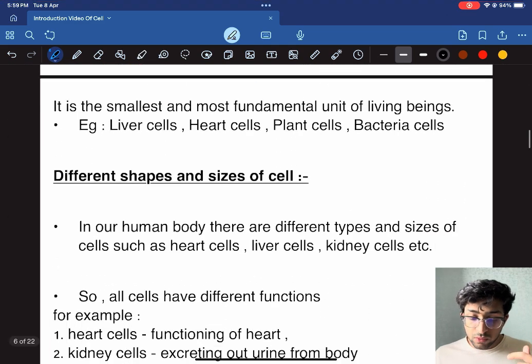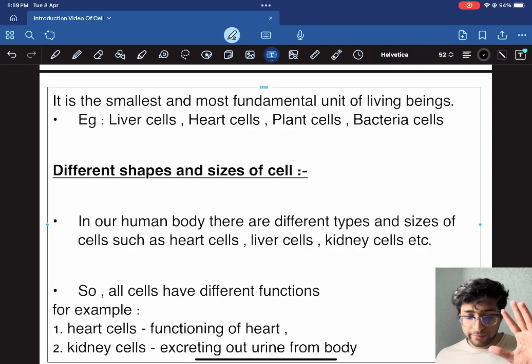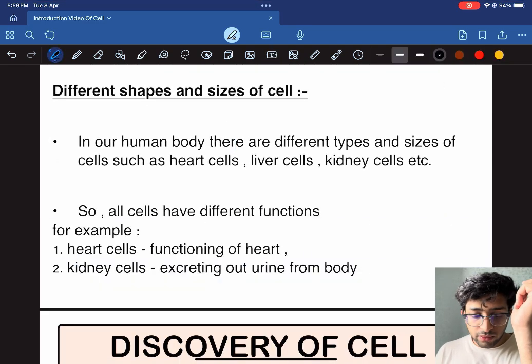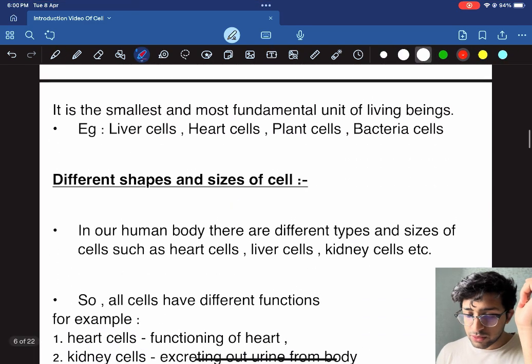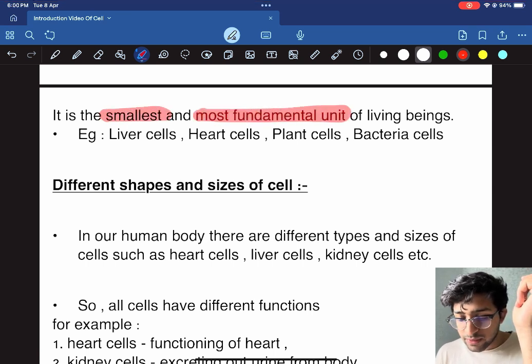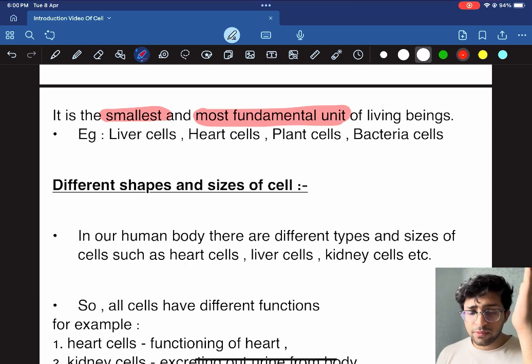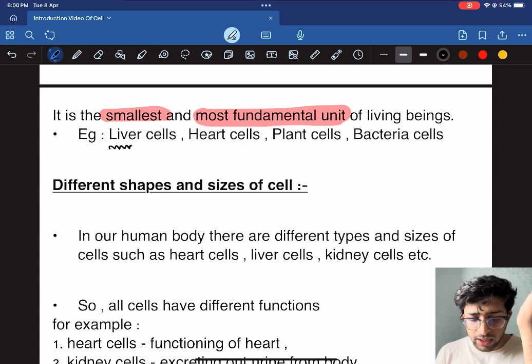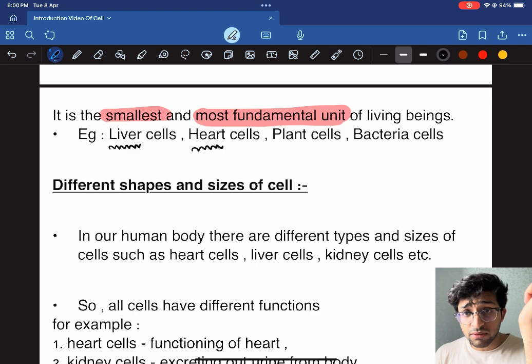So now let's summarize it. The first was, what is a cell? A cell is the smallest and most fundamental unit, that means the most basic unit, of living beings. Examples can be liver cells, heart cells, plant cells, and bacterial cells.